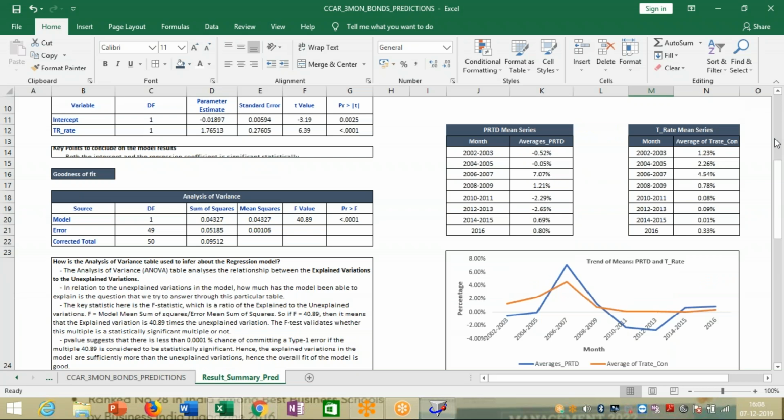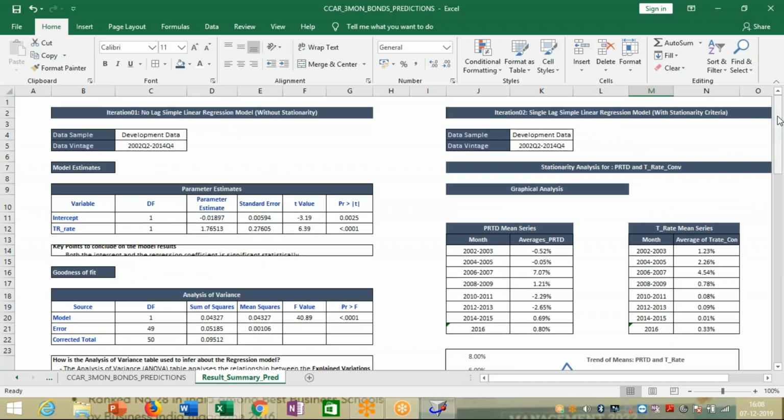Yeah, so one challenge is that the relative time period that I have for the first model is relatively lower.